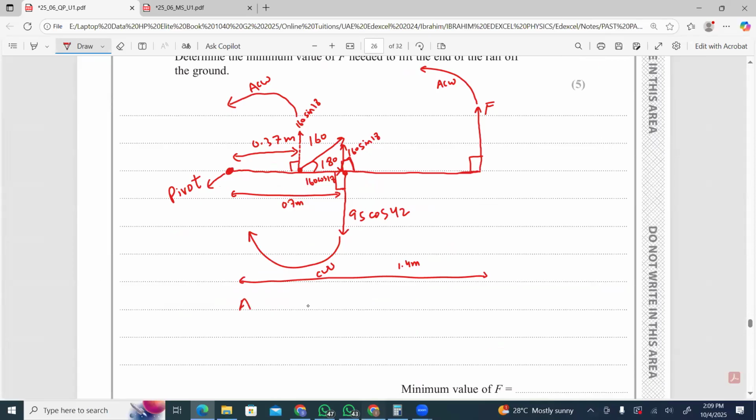So you just write the sum of anti-clockwise moments is equal to the clockwise moments.